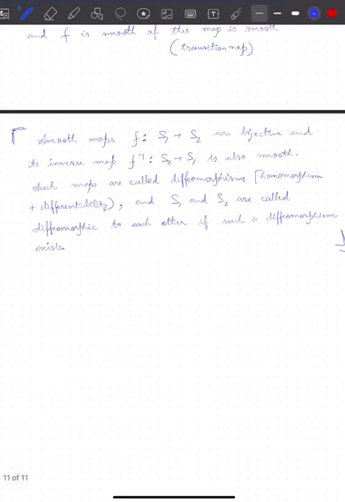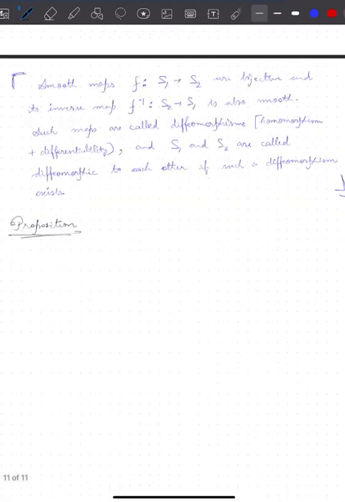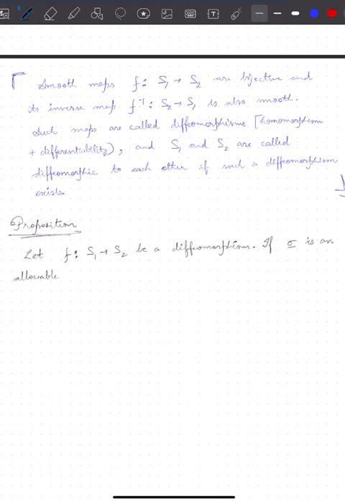Right? So we'll have one proposition, and it states: let F from S1 to S2 be a diffeomorphism, and if sigma 1 is an allowable surface patch on S1, then F composed with sigma 1 is an allowable surface patch on S2.